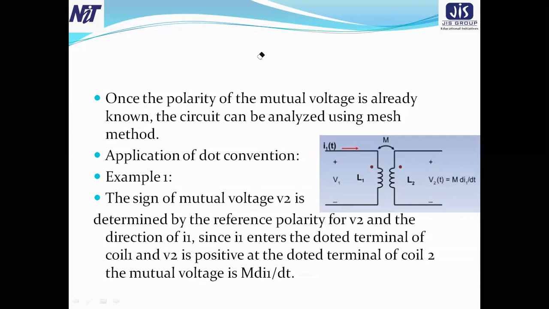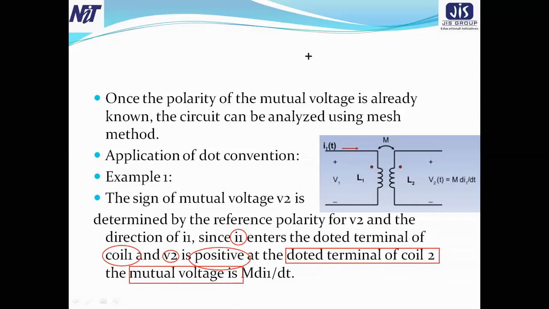So very carefully, I1 enters the dotted terminal of coil 1, V2 is positive at the dotted terminal of coil 2. What is the mutual voltage? M di1/dt.